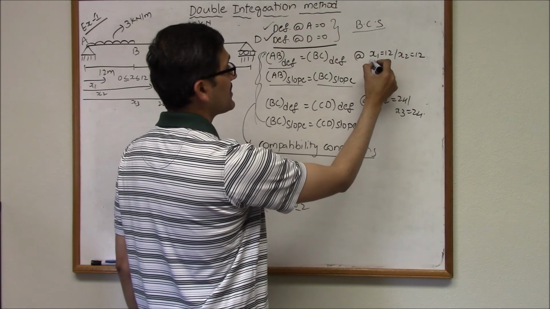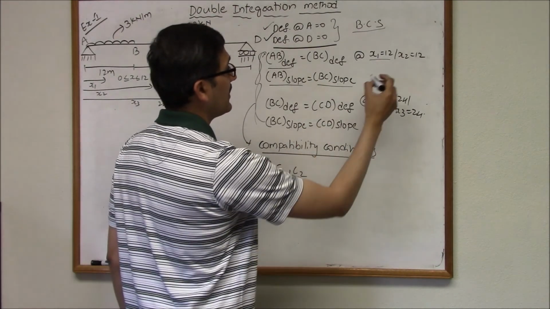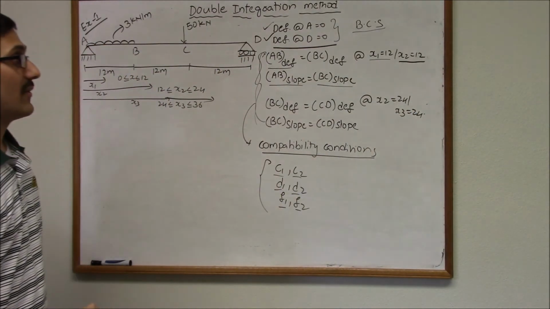So if you evaluate the slope in the span AB by substituting x1 equal to 12, that should be equal to the slope in the span BC where x2 is equal to 12.